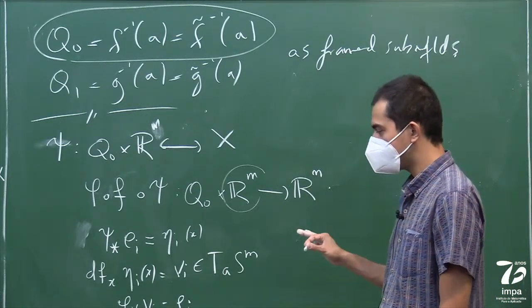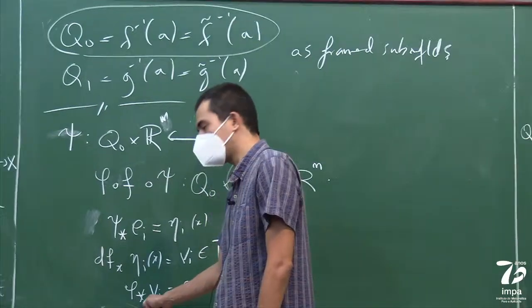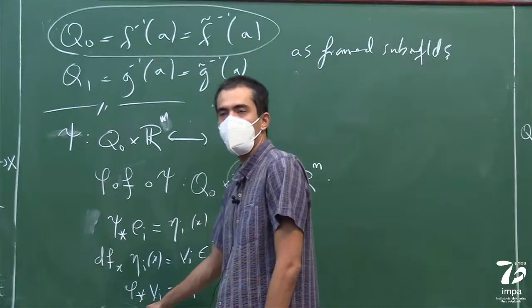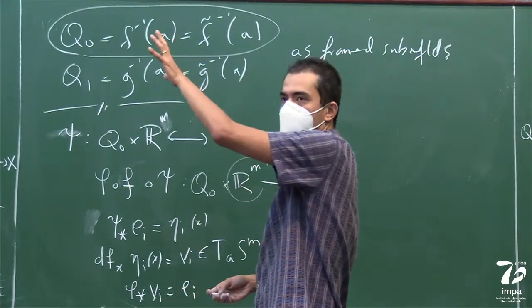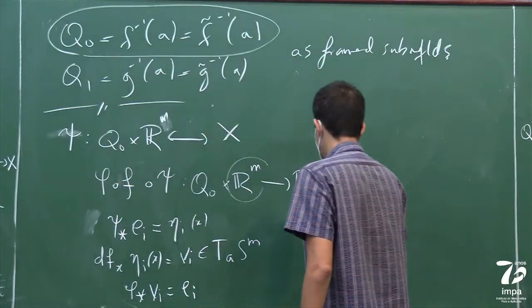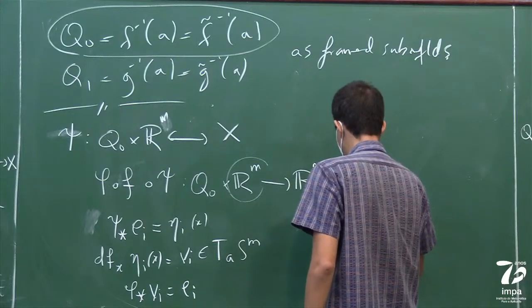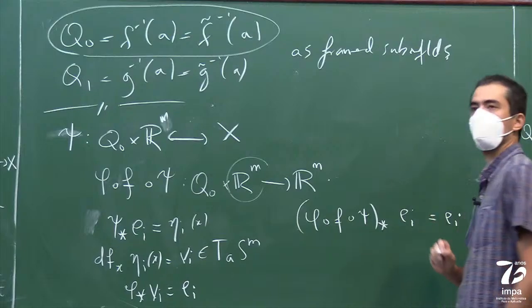By this simple choice that I can make once and for all for how I choose my basis of Sm, I can assume that when I look at the derivative, what it does to Ei is just Ei.